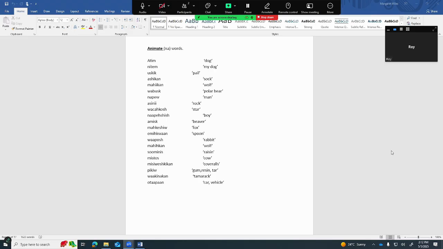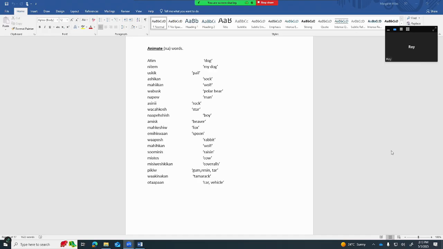Masinahigan, book. Akuf means blanket. Chigahigan, axe. Baskisigan, gun.